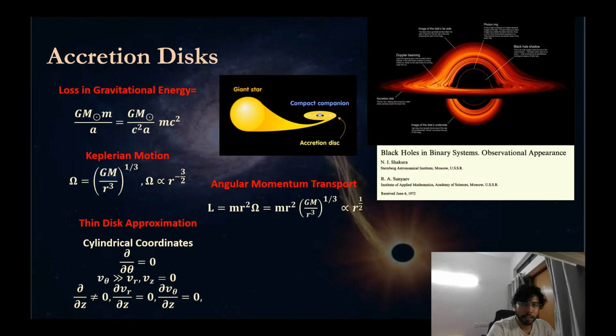But in nature, objects generally have angular momentum, right? We do not see any object which is not rotating, starting from our star to planets and everything. Everything is rotating, right?